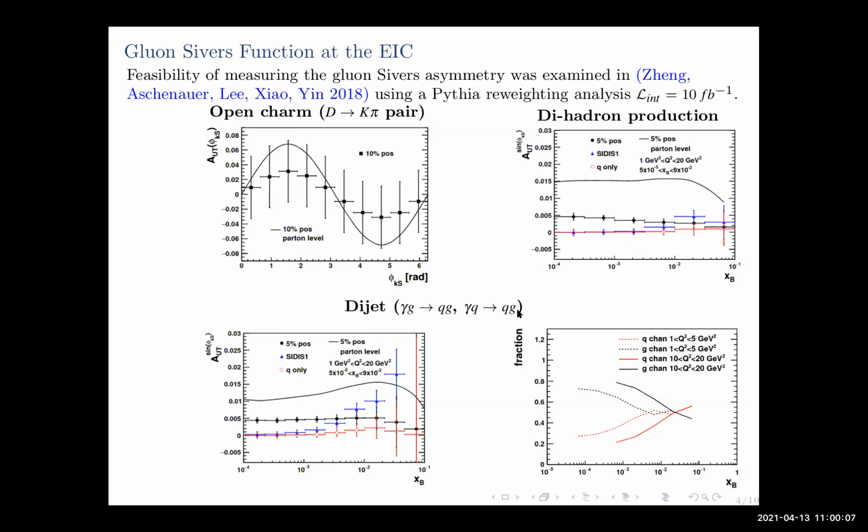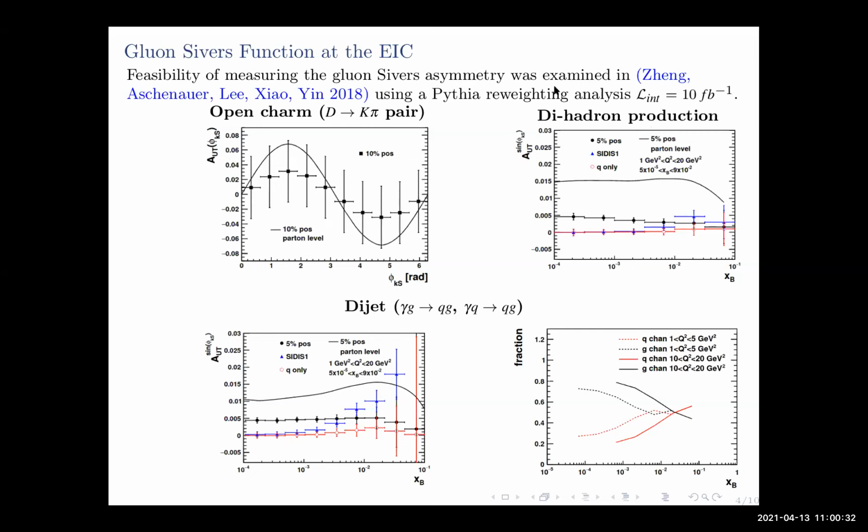And then the third and final process that they study in this analysis is dijet production. So they do dijet production for light flavor, and there are two contributions. One is coming from photon gluon fusion. The second is from photon quark fusion. And again, they're plotting their asymmetry here as a function of x_P. And again, this black line represents their parton level asymmetry, whereas these black dots represent their projected asymmetry.